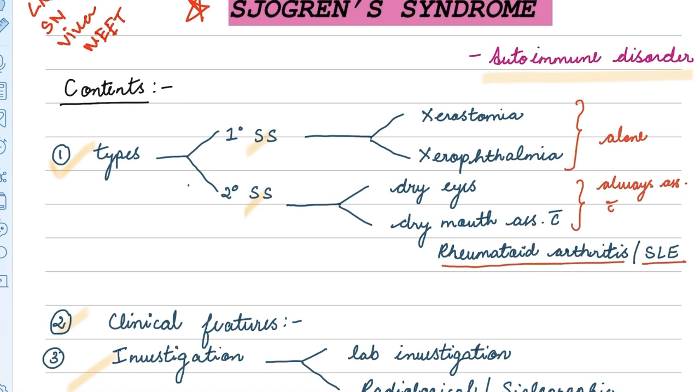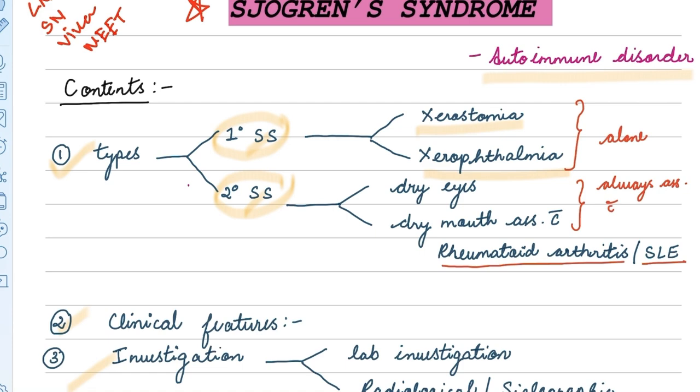Okay, it is of two types, that is primary Sjogren syndrome and secondary Sjogren syndrome. In primary Sjogren syndrome we have xerostomia and xerophthalmia. Xerostomia means dry mouth and xerophthalmia means dry eyes. In primary Sjogren syndrome only xerostomia and xerophthalmia are present, and as compared to the secondary Sjogren syndrome, it is not associated with any systemic diseases like rheumatoid arthritis or SLE.